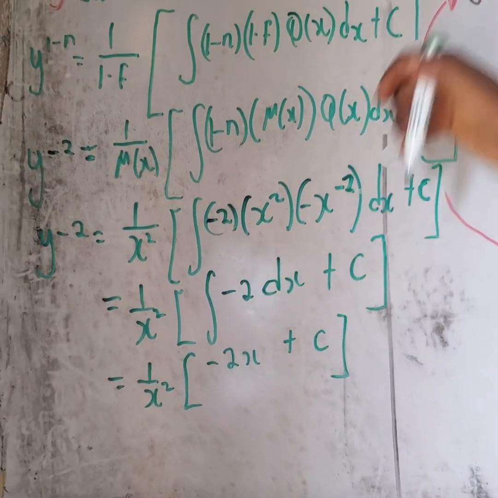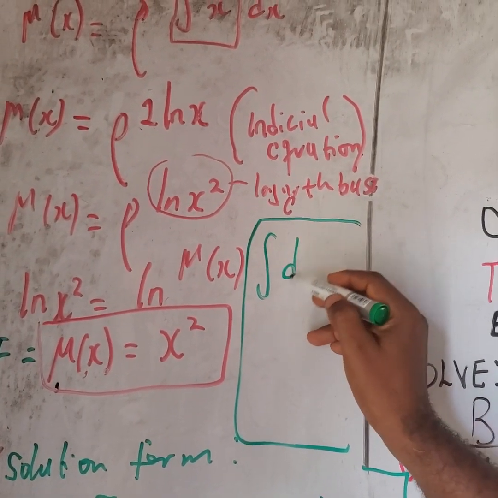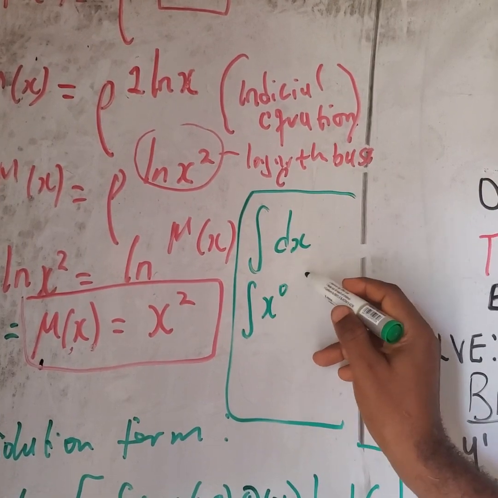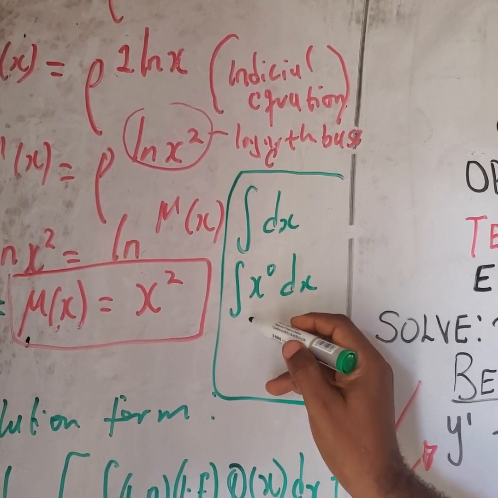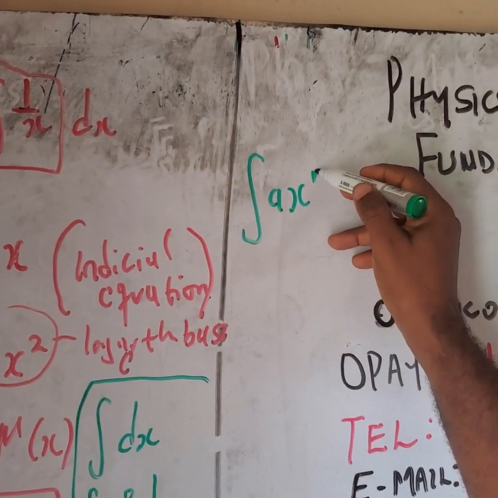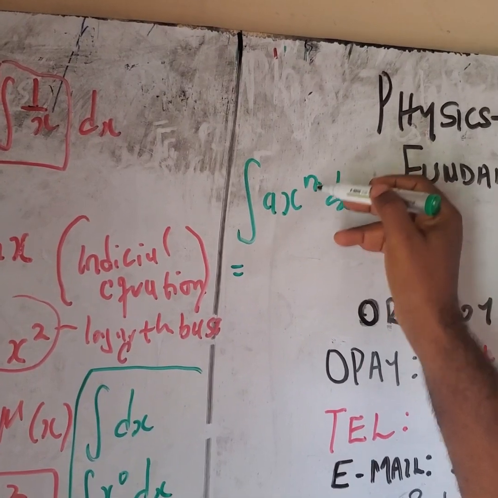You know, if you want to integrate, take note of this. If you are integrating dx, it's actually integrating x raised to power 0 dx. And from the formula of integration, let's say we have a x raised to power n dx, what you do is to add 1 to this power.